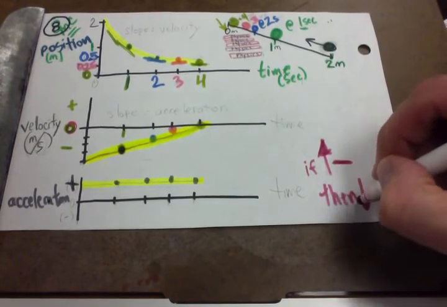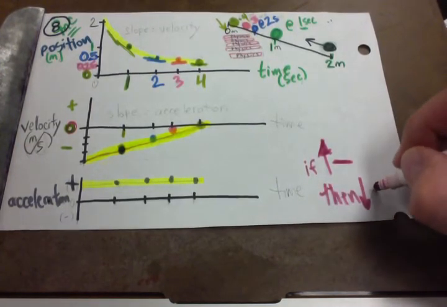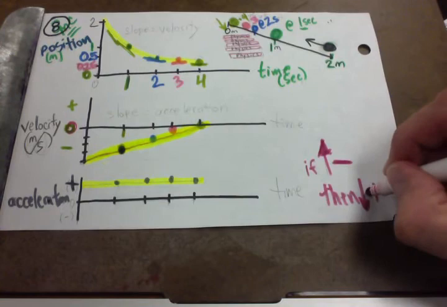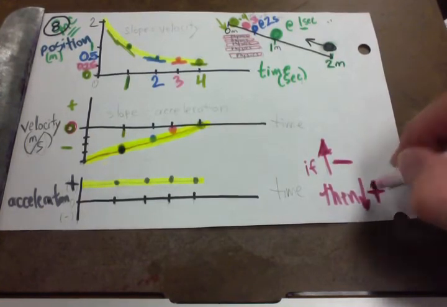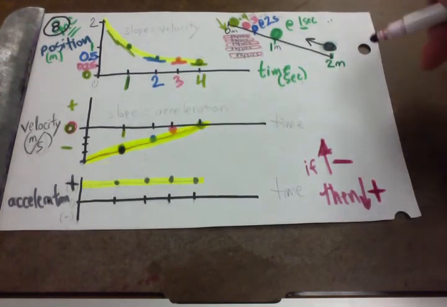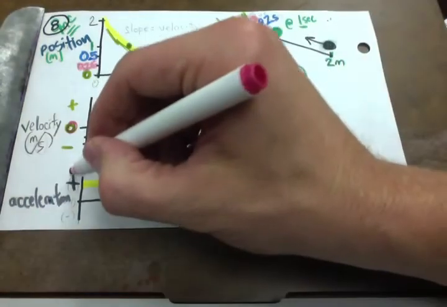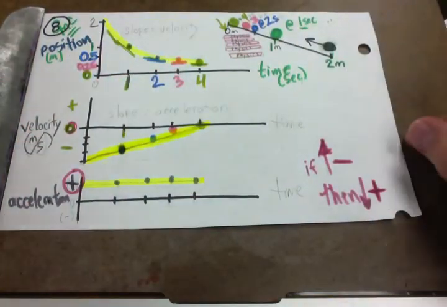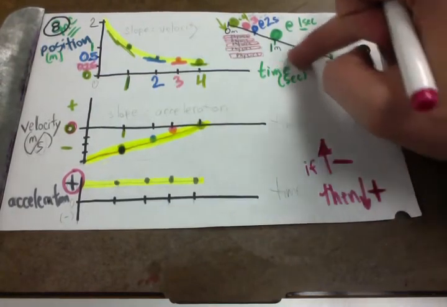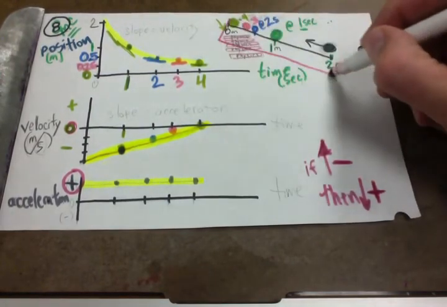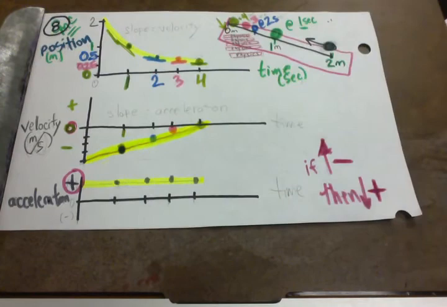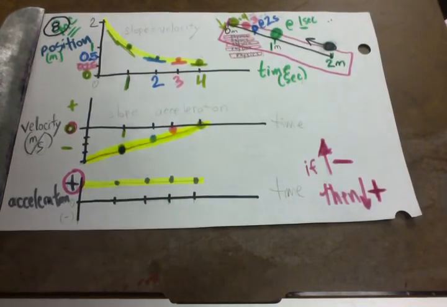If up's negative, then down must be positive. What does gravity do? Gravity always pulls it down. So this acceleration graph is purely a function of how you set up your measurements. How did you set your tape measure out there to start marking these positions to begin with?